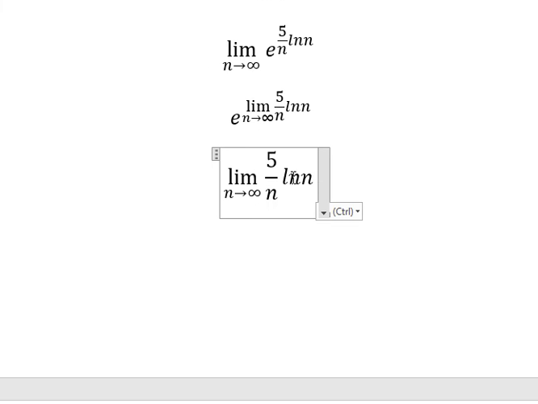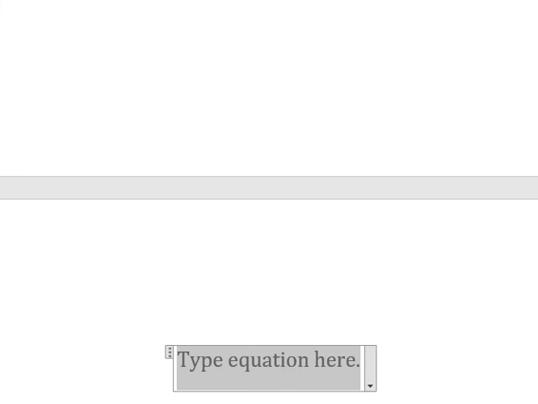When n goes to positive infinity, this one goes to positive infinity, and this one goes to positive infinity. And we know that we can use L'Hospital, because we have infinity over infinity, and we can use L'Hospital in here.